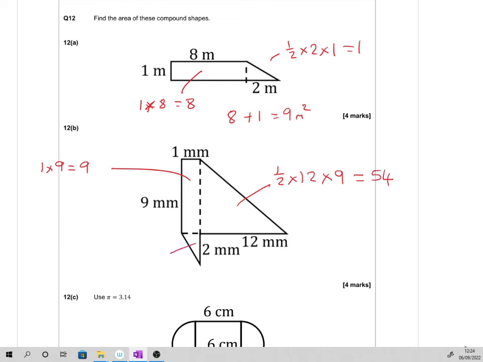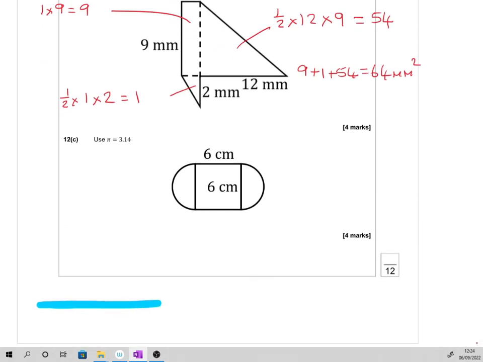And this little bit is a half times 1, we'll call that the base, times 2, which is 1. So add them all together. So we've got 9 plus 1 plus 54 equals 64 millimeters squared.